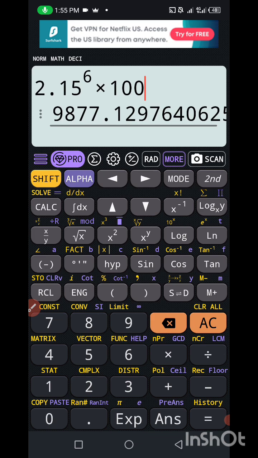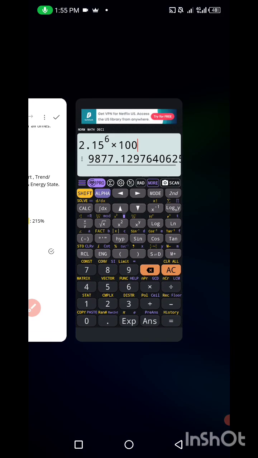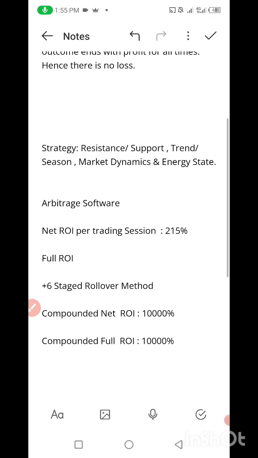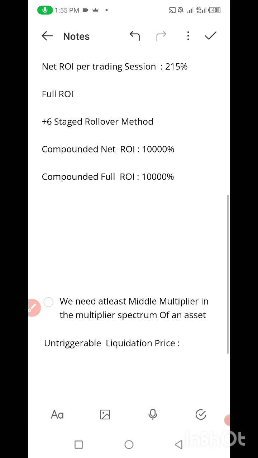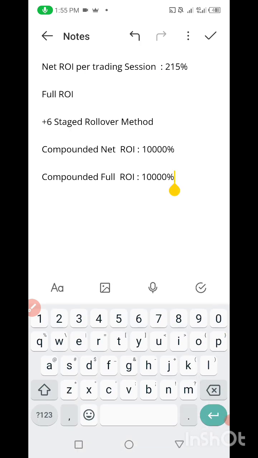So that's cool, a very powerful idea. But I feel like I need to do this to support the community. So we have compounded net return on investment of 10,000%. We also have compounded full return on investment, and this one we are going to be taught in the course.